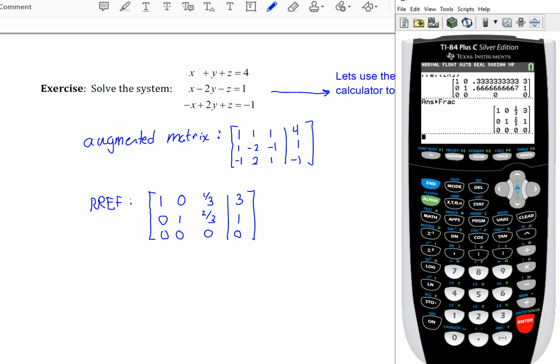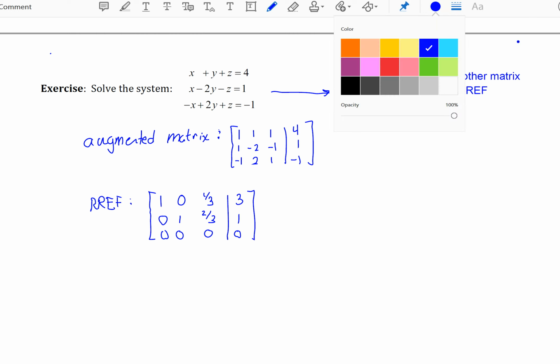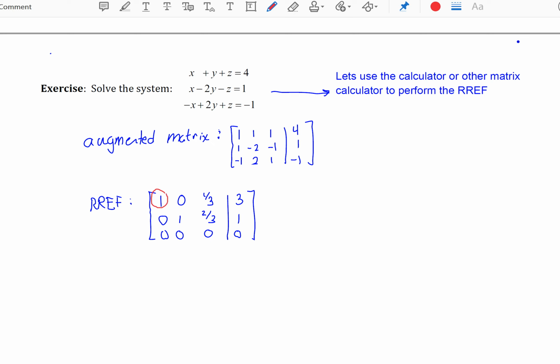Okay. Now that we have our reduced row echelon form, we want to identify the rank of our matrix, the number of pivots that we have. So here the rank of our coefficient matrix is 2.